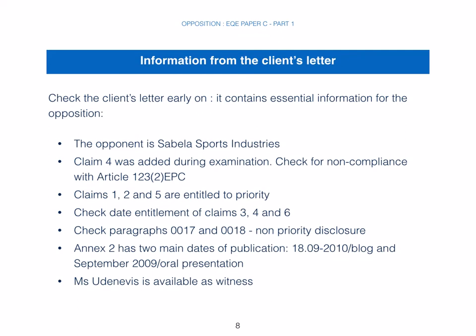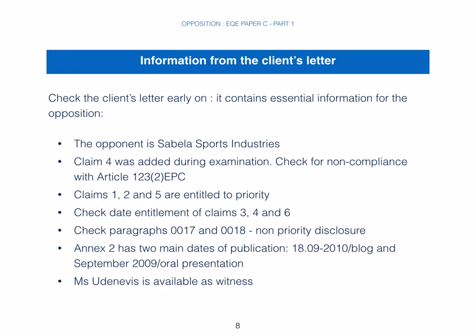So we turn to the client's letter. You are Mrs. Pauly. The opponent is Sabella Sports Industries. The opponent's representative tells us that claim 4 was added during examination, which means that we're going to have to check for compliance with Article 123 EPC because it was added during examination.